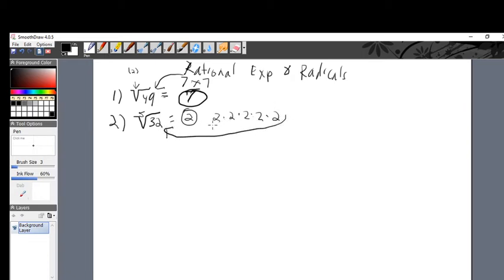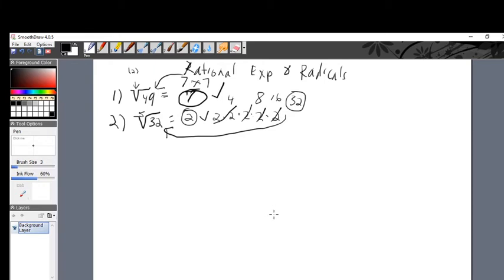Let me show you that. 2 times 2 is 4. 4 times 2 is 8. 8 times 2 is 16. And 16 times 2 is 32. So there we have it. The number 2 is the fifth root of 32. The number 7 is the square root of 49. That's the principle behind it.